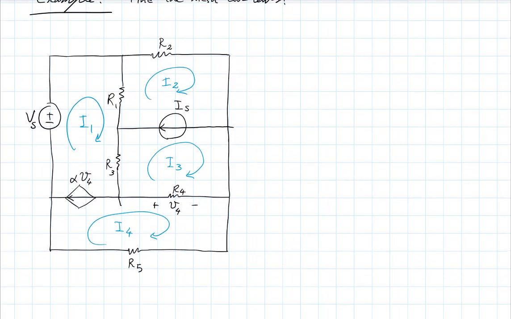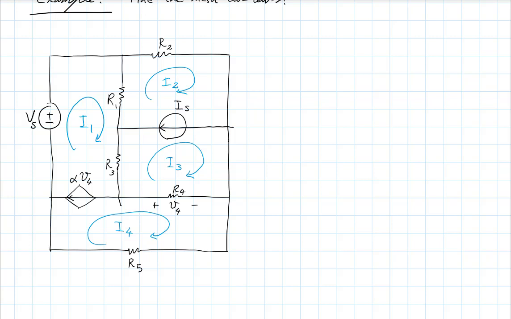I could have defined some of them as going the other way around. That would have been fine. But I prefer, again, not to introduce too many opportunities to get myself confused. So I'm used to doing things maybe in one particular direction. And again, as we discussed, the KCLs will be automatically taken care of.